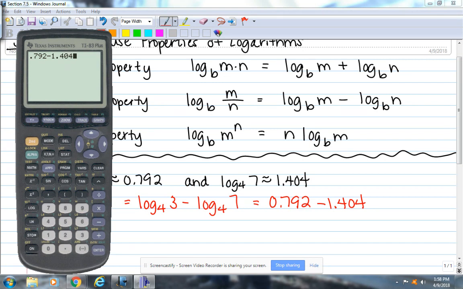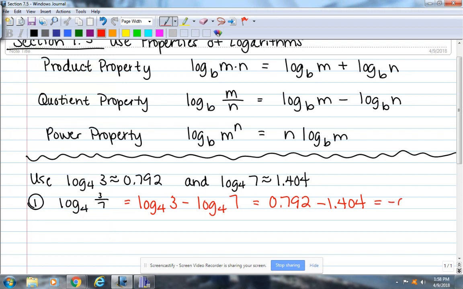And I hit enter. And what are we getting? Yes. So, negative 0.612. Y'all see how I did that? I used the properties of logarithms to expand the logarithm, and then I just plugged in the two decimals that they told me to use. Does that make sense?